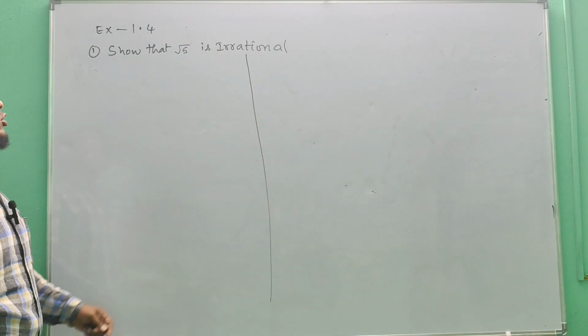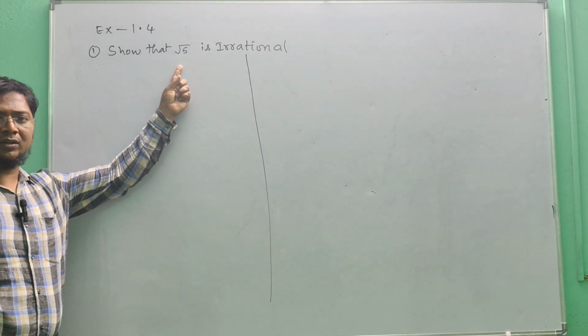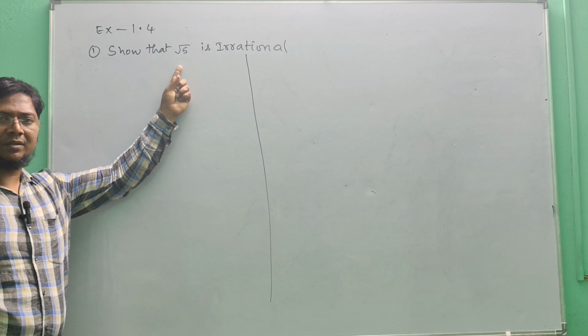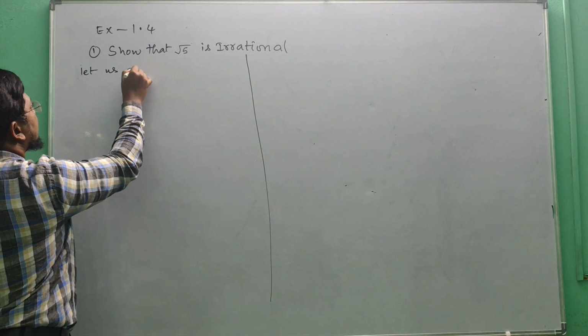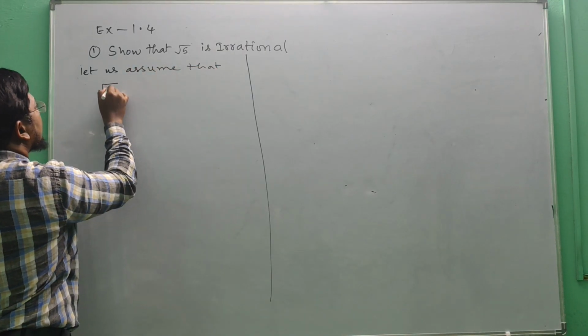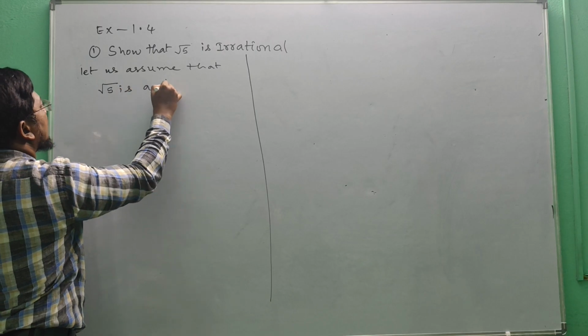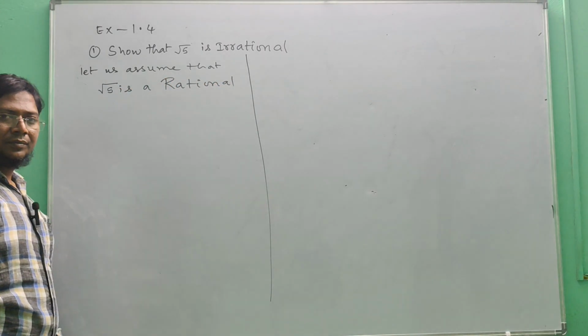To prove root 5 is irrational, again we have to follow a few steps. What is step one? Very good. Let us assume that root 5 is rational. First step.